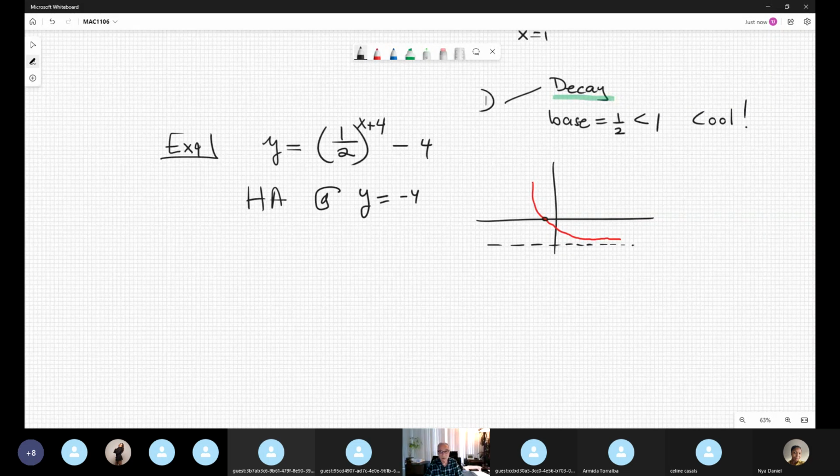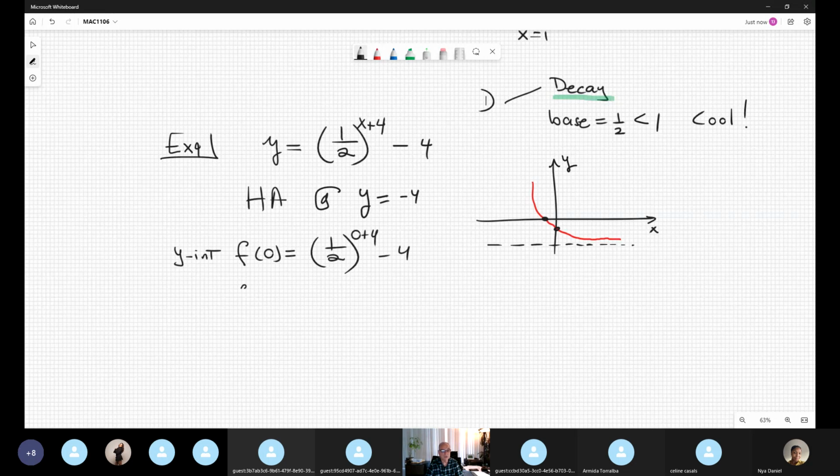So at that point, now we are using the same formula. To find the y-intercept, you declare f(0). f(0) is, in our problem, 1/2 raised to the 0 plus 4, minus 4.